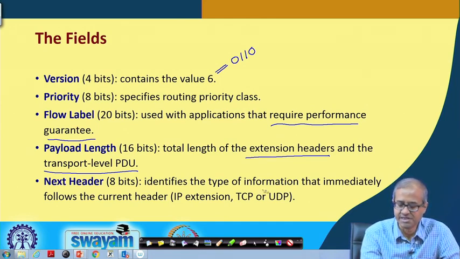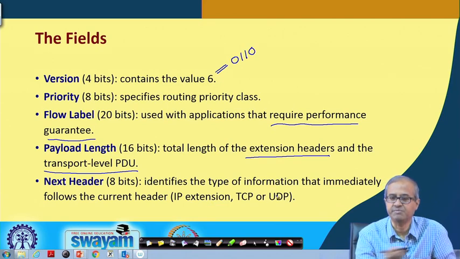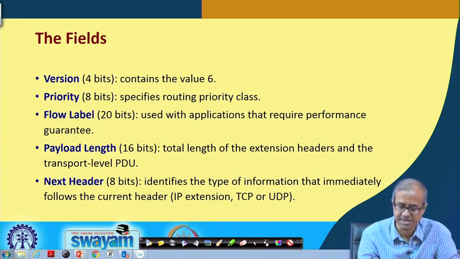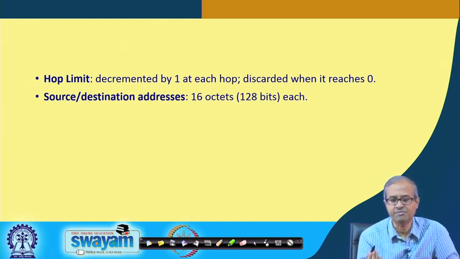It identifies the type of information that immediately follows the current header. It can be an IP extension, or it can be the actual PDU, TCP or UDP, that means the data. Hop limit, similar to IP version 4, it is decremented by 1 at each hop, and the addresses are 128 bits or 16 bytes or octets.